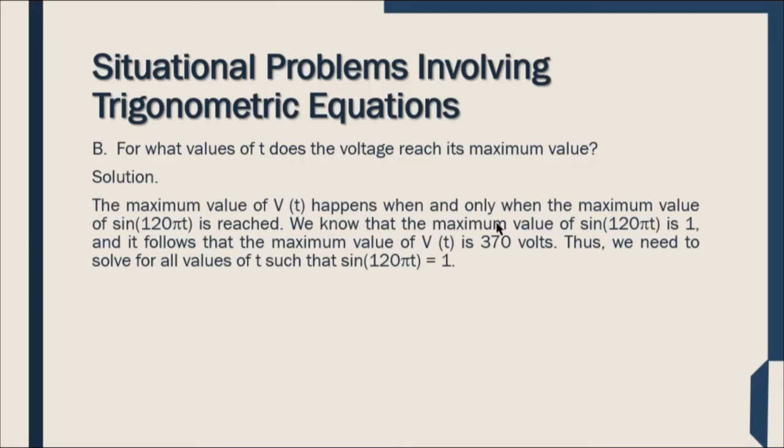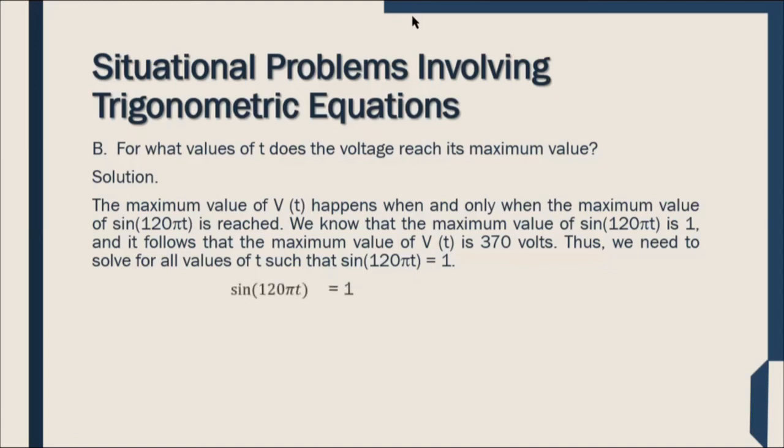We know that the maximum value of sine 120 pi t is 1. And it follows that the maximum value of V of t is 370 volts. Thus, we need to solve for all values of t such that sine 120 pi t is equal to 1.